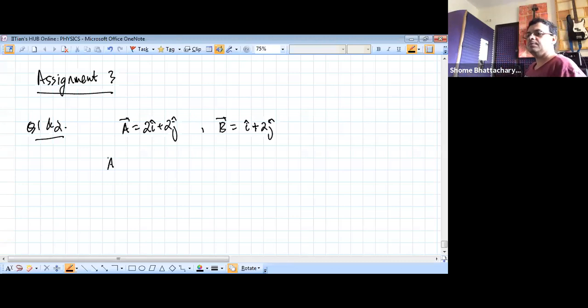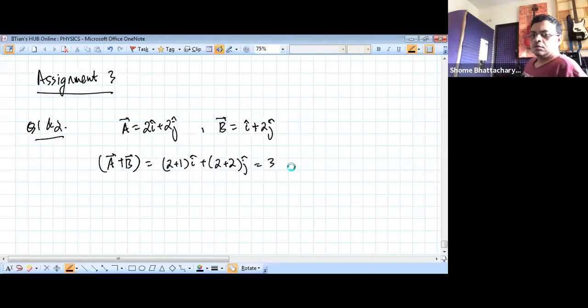So first of all, A plus B will become 3 i cap plus 4 j cap. Therefore, the magnitude of A plus B will become 5. It's a familiar one.